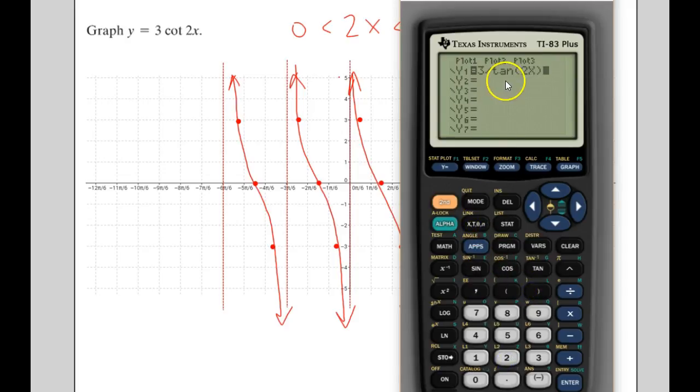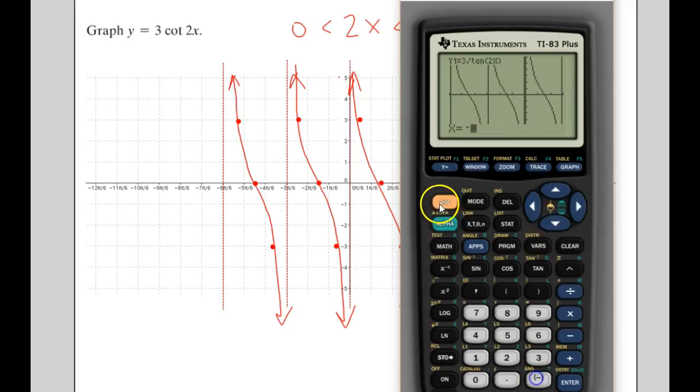Alright, and if you did that, I'm going to change my window, negative pi, that'll work, to pi over 2, that works. So if I graph this thing, there's what I'm seeing, something similar to what we saw before. And if I trace, let's see, that would be pi over 2, so pi over 4, so negative pi over 4.